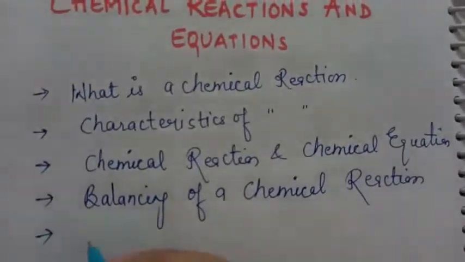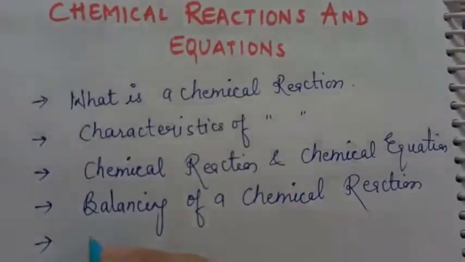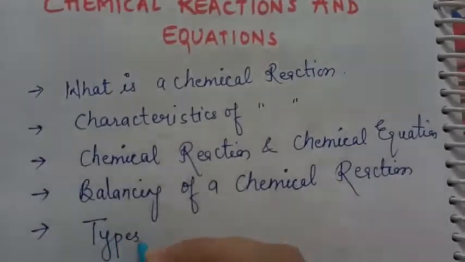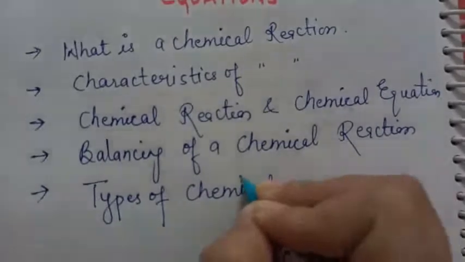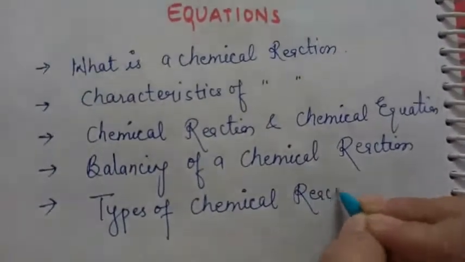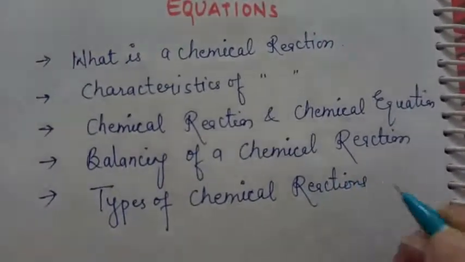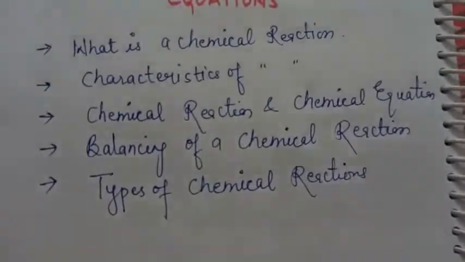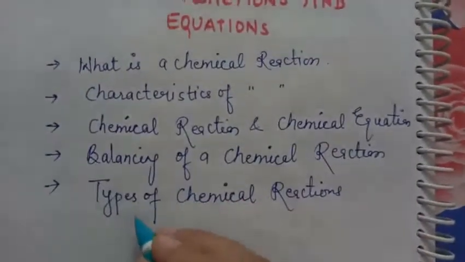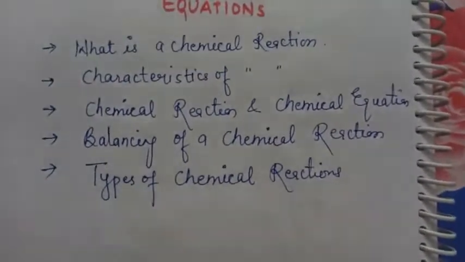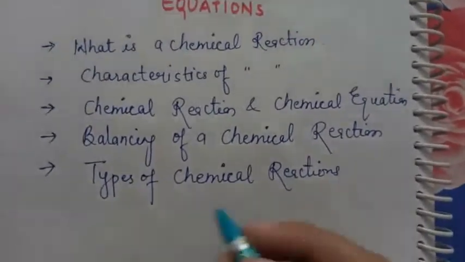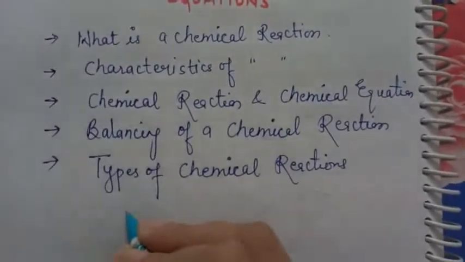Then we will talk about the most important part of this chapter, that is types of chemical reaction. This is the most important topic of this chapter. Under the heading types of chemical reactions, we will study that there are main 5 types of reactions.